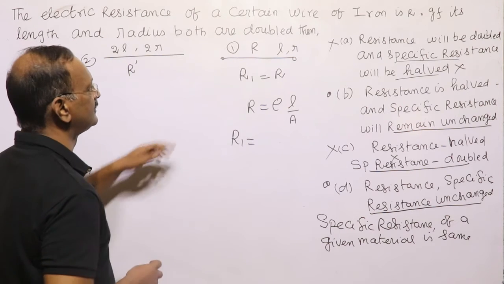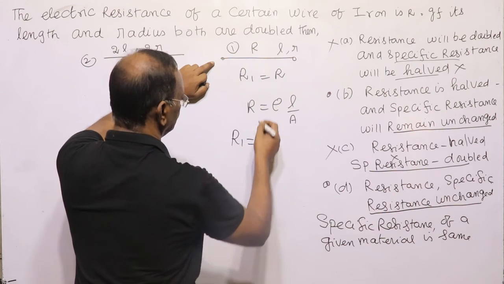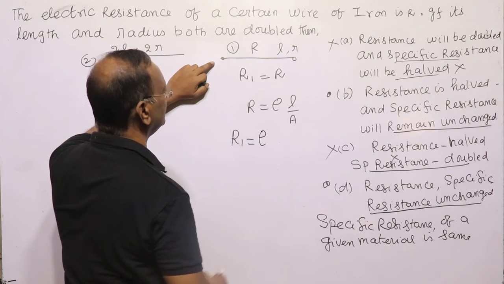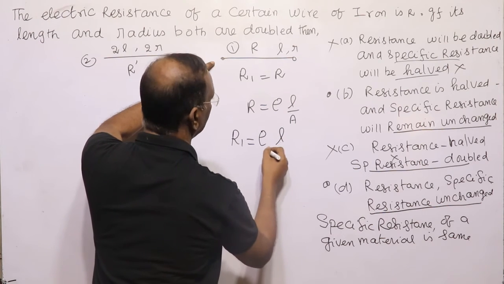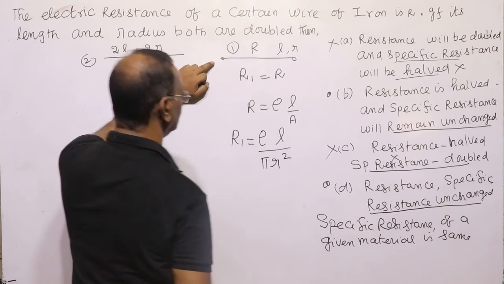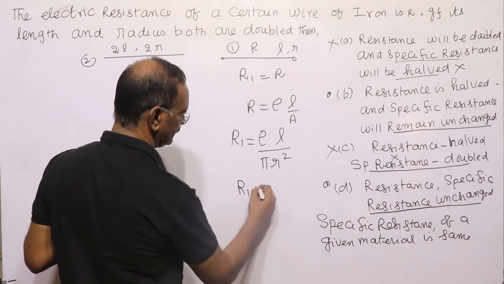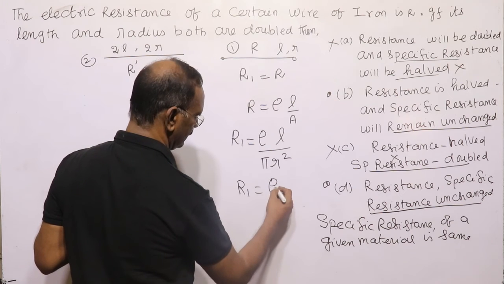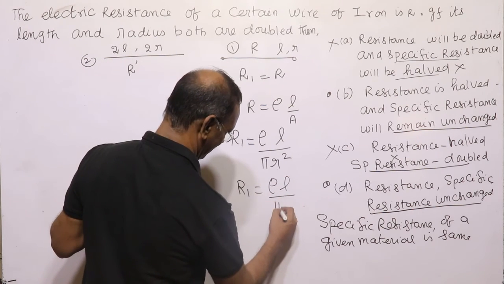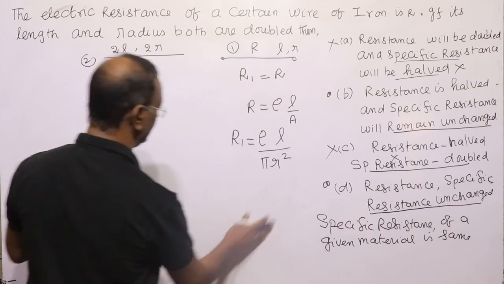What is R1? Resistance for this one, we call R1. Resistivity is the same for both, the material and the length, and area is pi into R square, because its radius is R. So R1 is equal to rho L by pi R square.